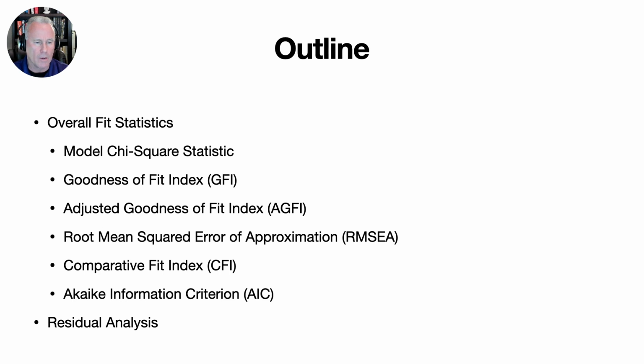We'll then look at what's called the root mean squared error of approximation. Next, we'll look at the comparative fit index. And for our final overall fit statistic, we'll look at the Akaike information criterion, or the AIC. We'll then look at residual analysis in the context of SEM to see if we can identify places in the covariance matrix that are not well fit by the model. So let's jump in.